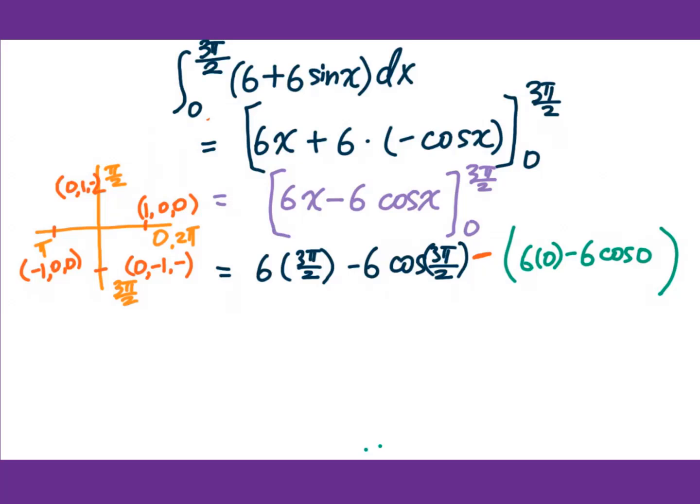According to the coordinates of quadrantal angles, we know that cosine 3 pi over 2, CAST, will be 0. Then we get 9 pi. 6 times 0 is 0. Negative negative will be a positive. Cosine 0 equals 1. 6 times 1, that is a plus 6. So k equals 9 pi plus 6.